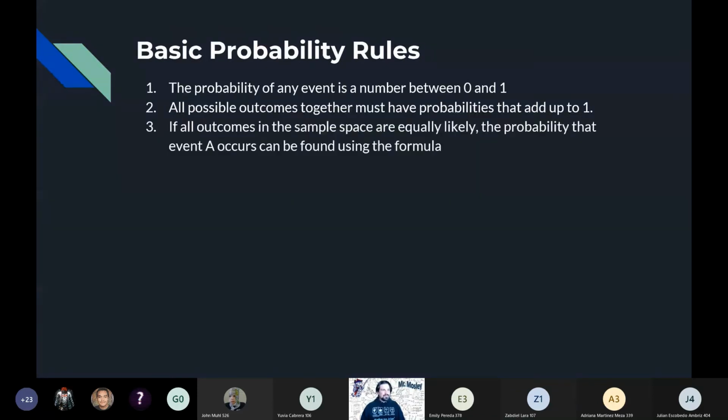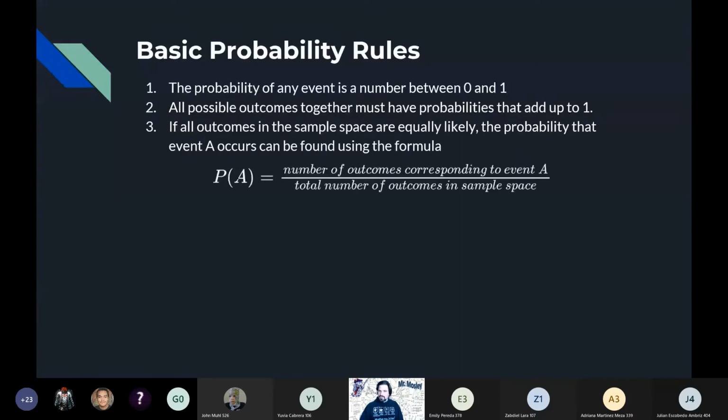If all outcomes in the sample space are equally likely, the probability that event A occurs can be found using the formula: P of A equals the number of outcomes corresponding to event A divided by the total number of outcomes in the sample space. Exactly what we did in our example with the dice, right? There were 4 outcomes corresponding to our event, a sum of 5, and we had that divided by the total number of outcomes.